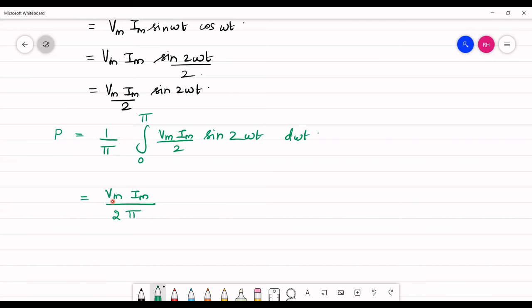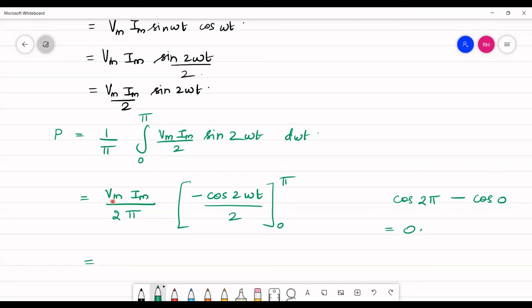Integration of sine 2 omega t is minus cos 2 omega t divided by 2, and apply the upper and lower limits. On substituting the upper and lower limits, we know cos 2 pi is 1 and cos 0 is also 1. So 1 minus 1 is going to be 0, and hence the average power of a pure capacitive circuit is 0.